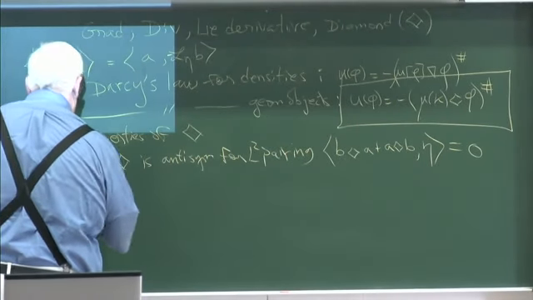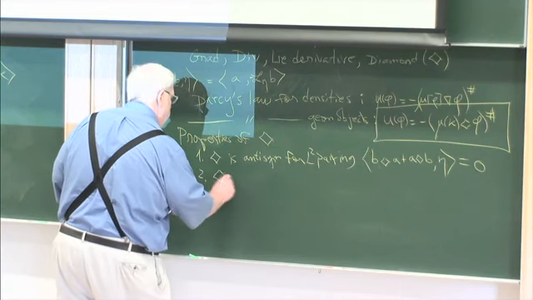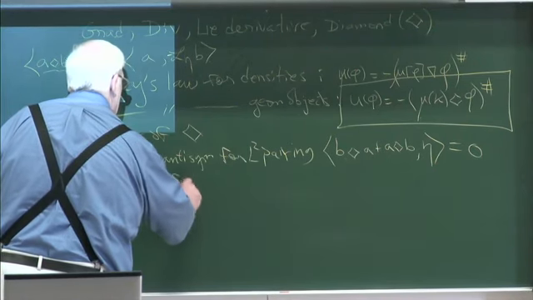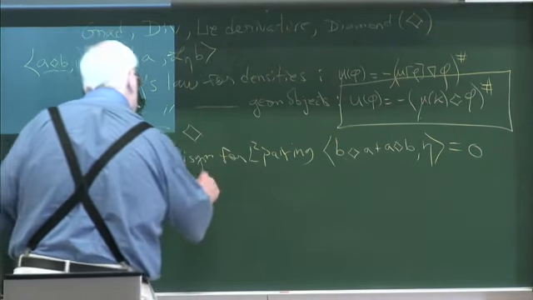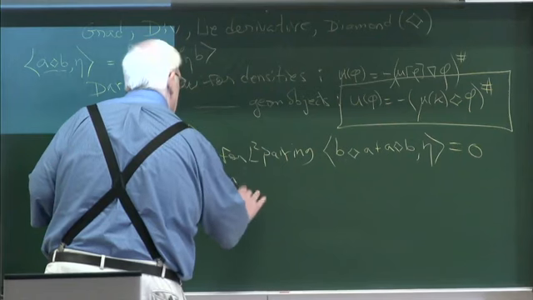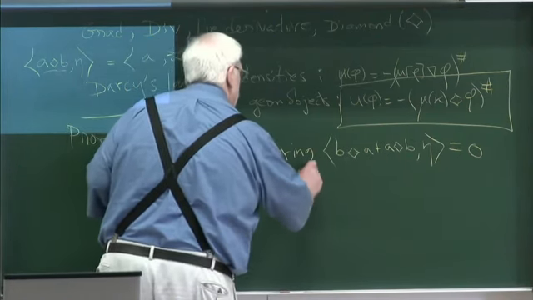Okay, two, diamond satisfies the chain rule for Lie derivatives.